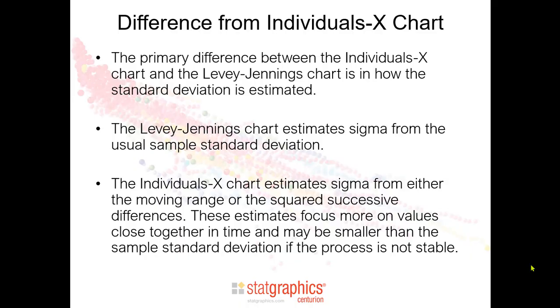The Levey Jennings chart estimates sigma from the usual sample standard deviation. The individual's X chart estimates sigma from either the moving range or the squared successive differences. These estimates focus more on values close together in time and may be smaller than the sample standard deviation if the process is not stable.